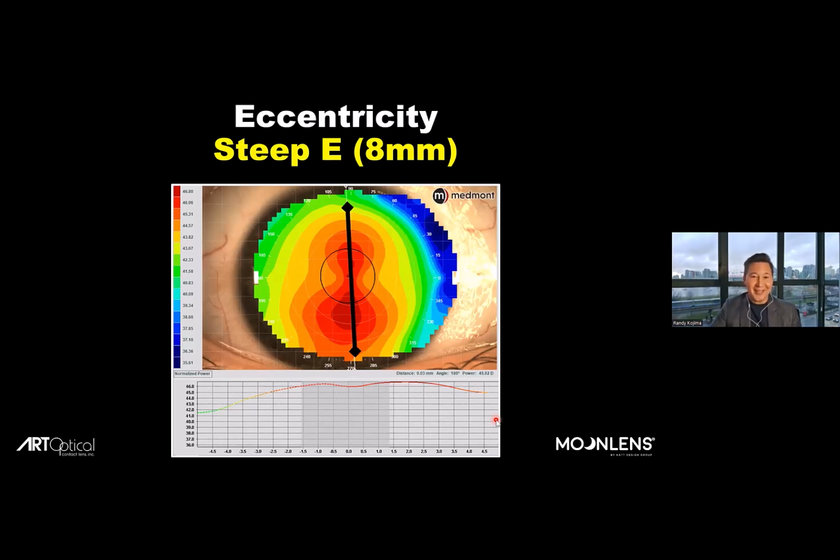Ideally, capture it at 8 mm, and that way you know your Moon lens is going to be as accurate as possible. Now, by capturing the eccentricity value, we're likely to improve our accuracy a step, because if you're building a lens purely on K readings, you're understanding the 3 mm diameter of the center, but you're not understanding the periphery where the lens lands. By adding the E value in there, you're getting to understand the eye as a whole.